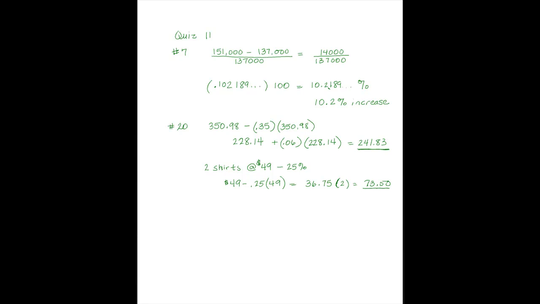Then we move on to the last thing, that was jewelry, and it was $121 minus 70%. So we say, okay, that's $121, which is the price, minus 0.70, because that's 70% in decimal form, times the original price, that's $121. If I do that on my calculator, I get $36.30.